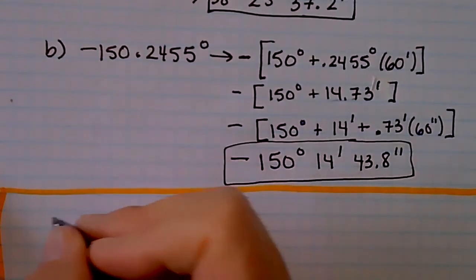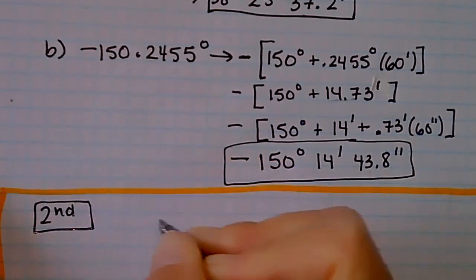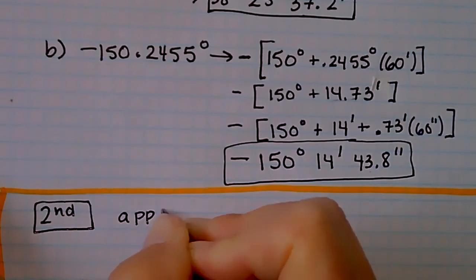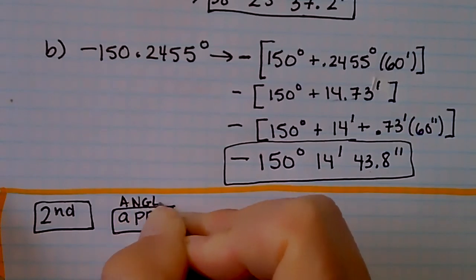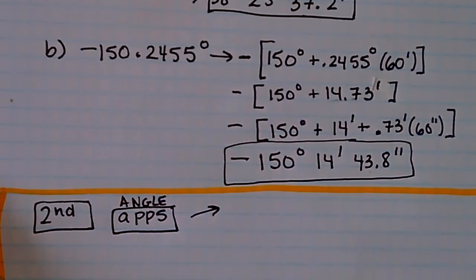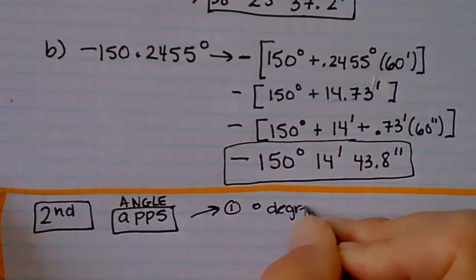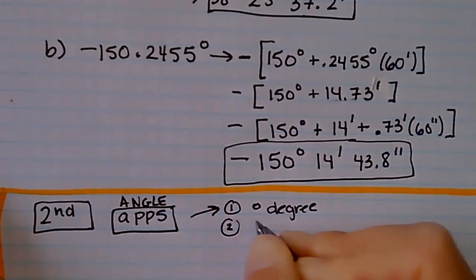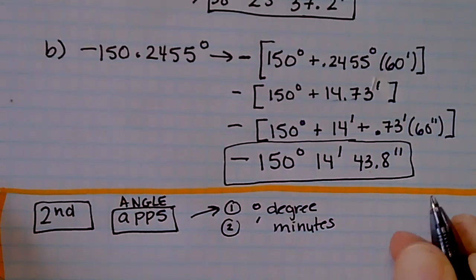So second and apps, and what you want is angle. And number one is the degree symbol. Number two is the minutes. Okay.